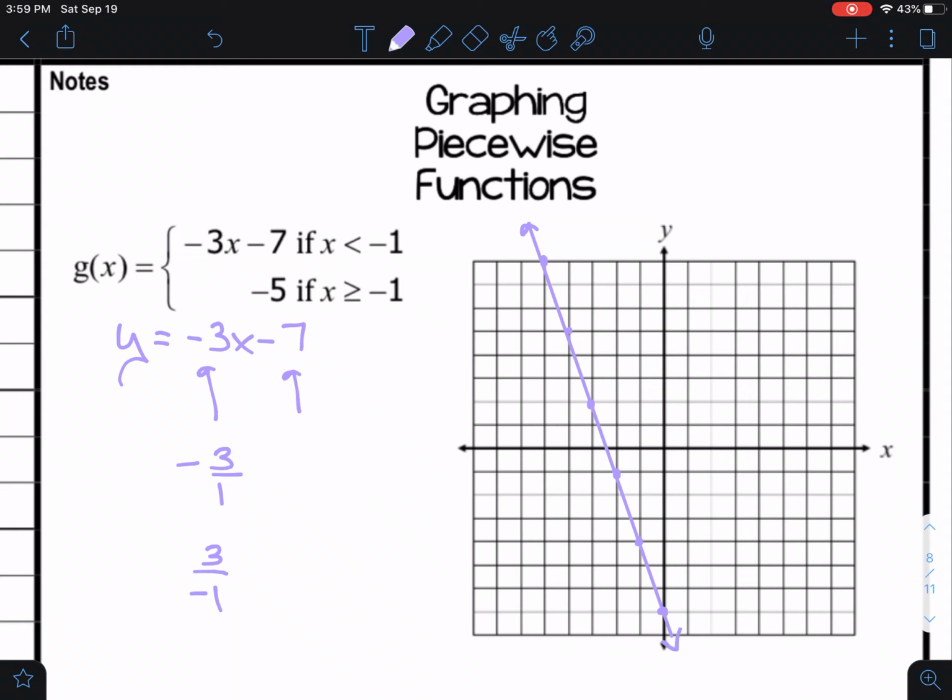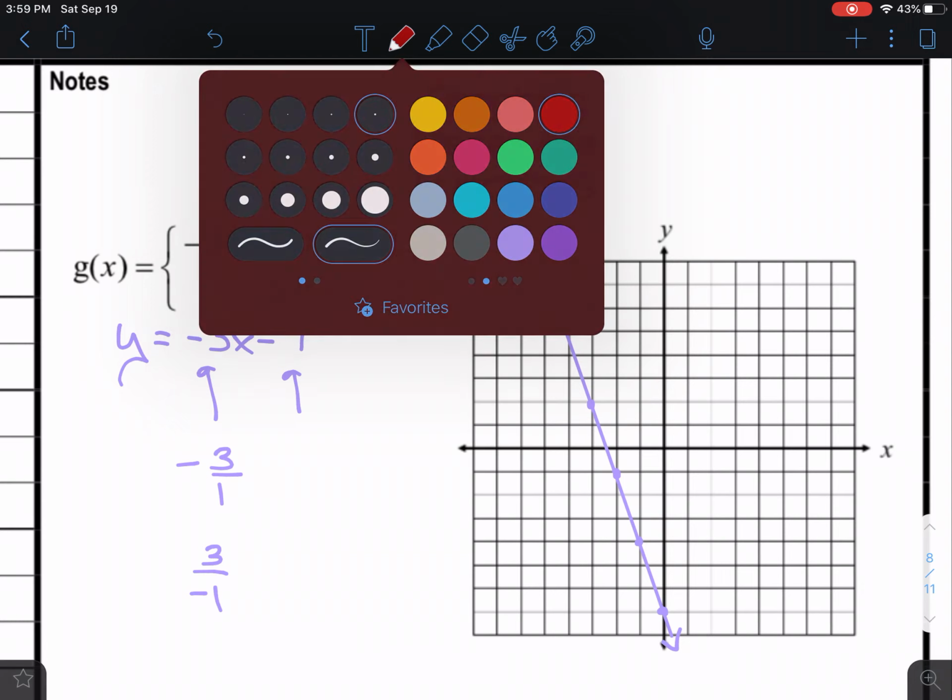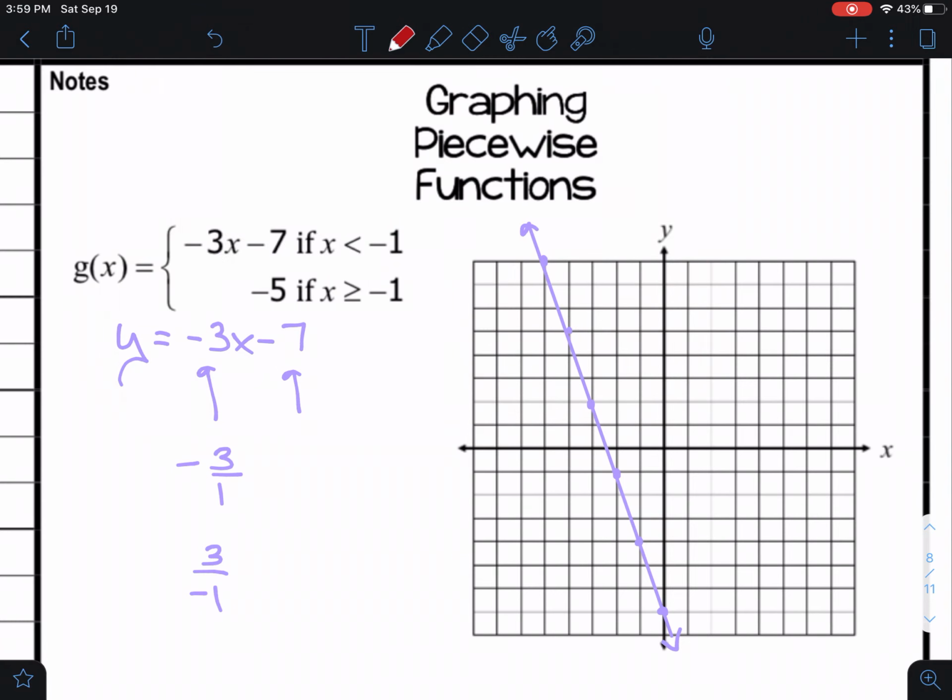All right, now it says that I want to keep that if x is less than negative 1. So once again, negative 1 is right here. So I want to keep everything that's less than that, so to the left of that. So I want to keep all that. But everything to the right, I want to erase.